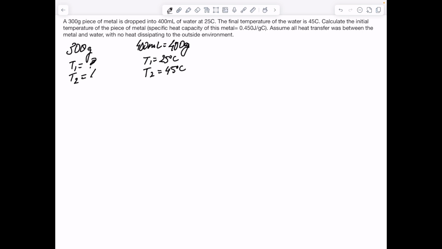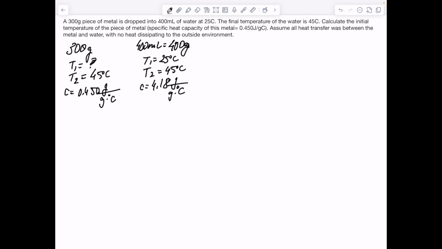We do have that T final, because what we did here was we dropped a hot piece of metal into the water and the whole thing became 45 degrees Celsius. So that is the T final for both of them. We also have the specific heat capacity here, which is 0.450 joules per gram Celsius. And the specific heat capacity of water is 4.18 joules per gram Celsius.